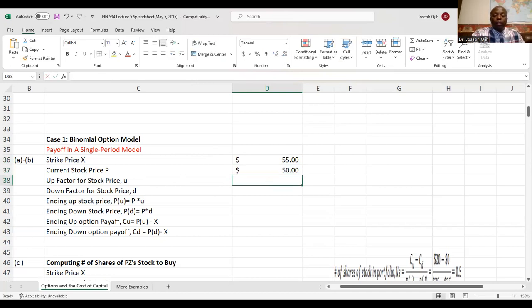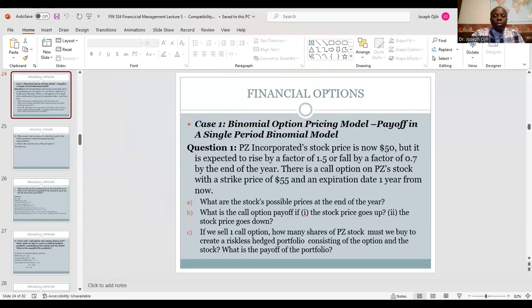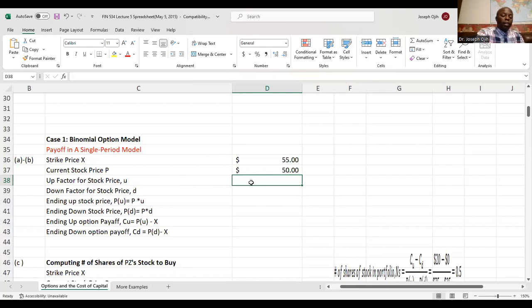Now, remember that it told us that the stock is expected to rise by a factor of 1.5 or fall by a factor of 0.7. So we're going to enter that. So the up factor for the stock price is 1.5, and the down factor is 0.7.